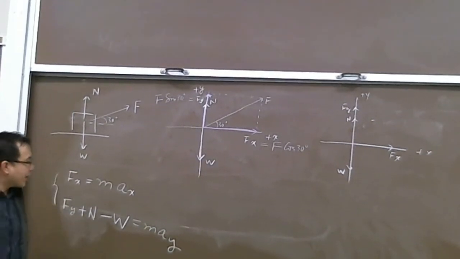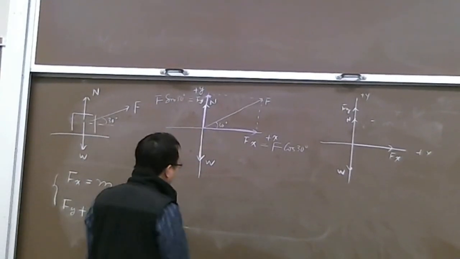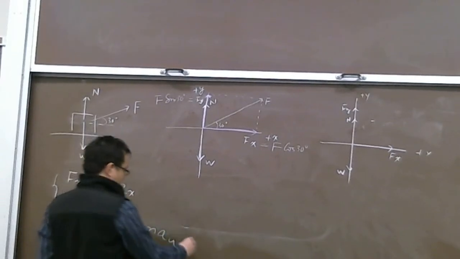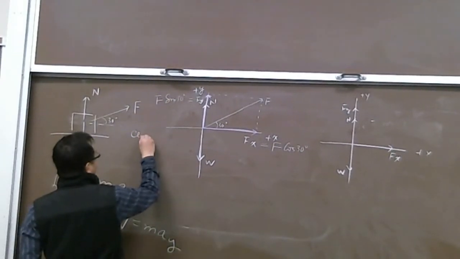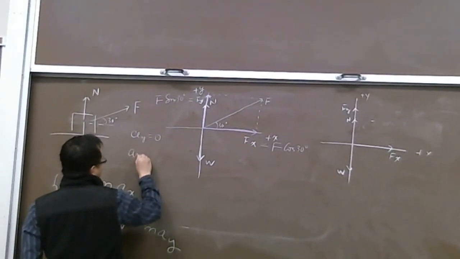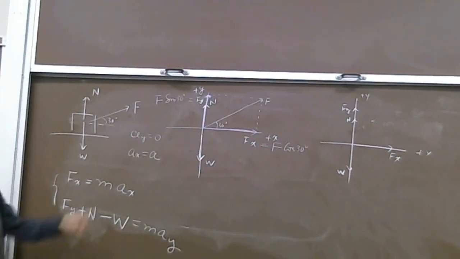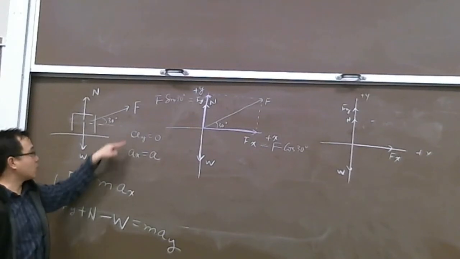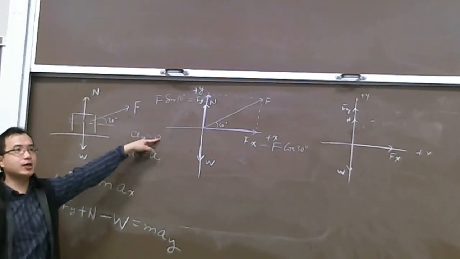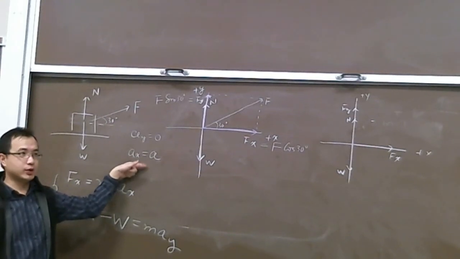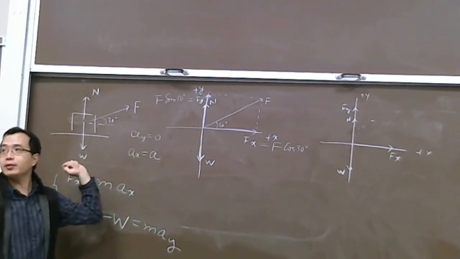If ay equals 0, then ax has to be the same as the total acceleration a, right? Because a contains two components, ay and ax. If ay equals 0, then ax has to be identified with a. Any question here?